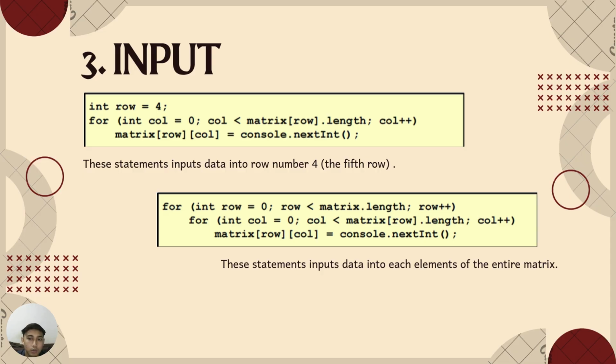We can use console.nextInt to get numbers from the user and store them into each element of the array. This statement inputs data into row number 4, the fifth row, and the statement inputs data into each element of the entire matrix.